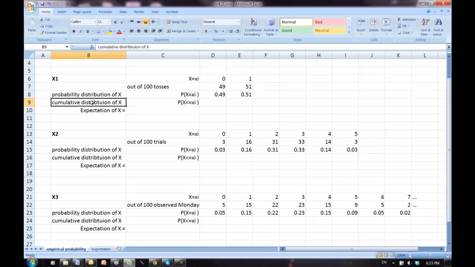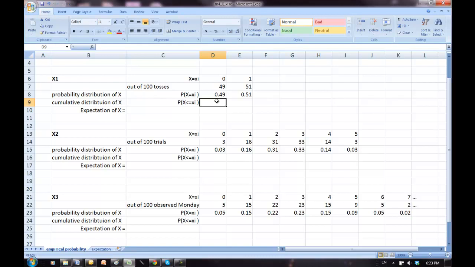The next concept is called cumulative distribution. It's defined as the probability that a variable can take on a value that is less than or equal to a particular value. So for the coin toss example, the chance of x taking on a value less than or equal to 0 is simply the same as equal to 0.